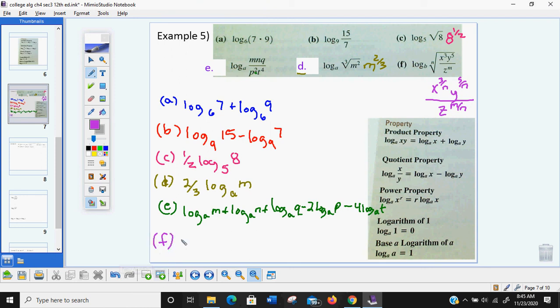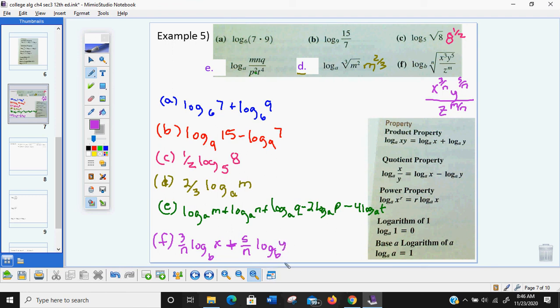I'm going to have log to the base b. Oops, let me leave some space because I need to move that power to the front. Didn't leave enough room. So I'm going to have log to the base b of x, and don't forget that 3 over n goes to the front, plus the 5 over n is going to go to the front, and this is log to the base b of y.